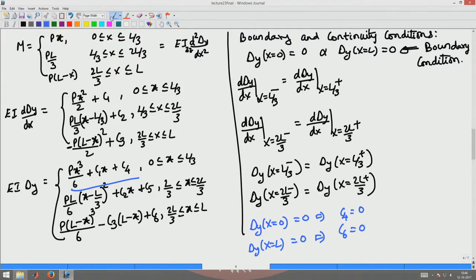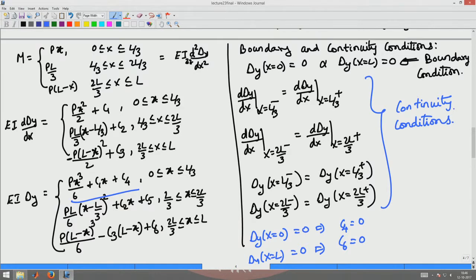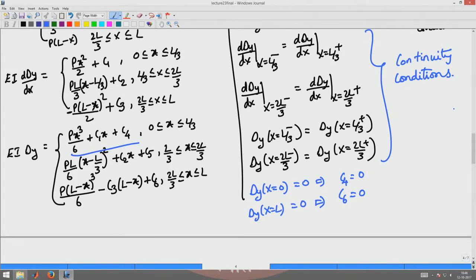The other constants I have to find from these continuity conditions. These conditions are called continuity conditions. Now, let us apply the first continuity condition, delta y at x equal to L by 3 minus. I have to use this equation at L by 3 minus, which should be equal to that at L by 3 plus, which is this equation.